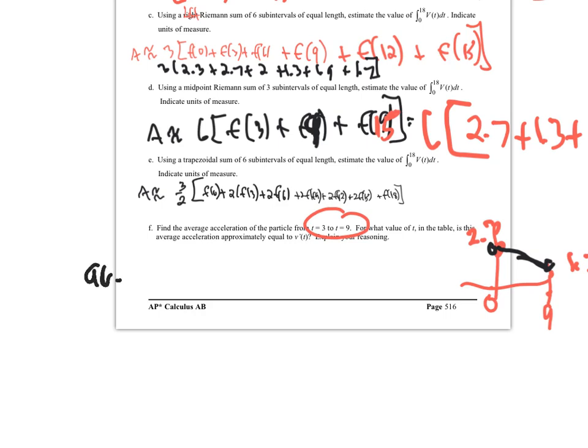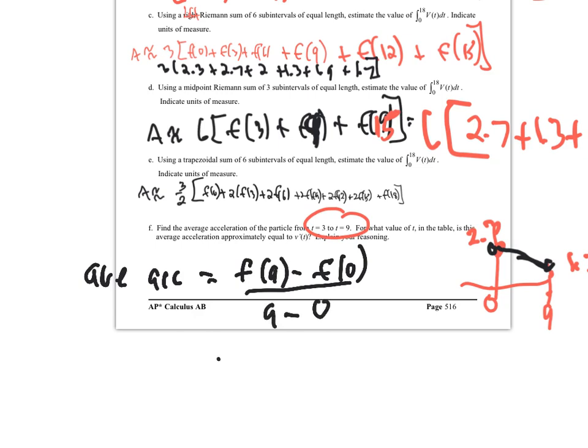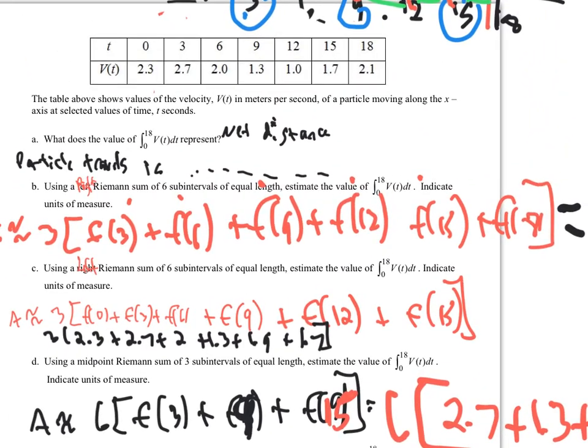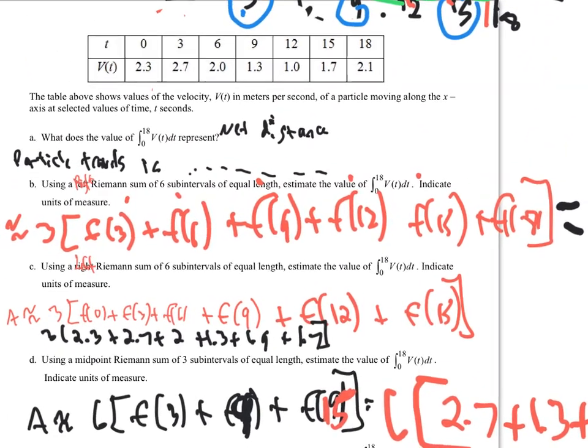So average acceleration will be slope formula, rise over run, f of 9 minus f of 0 over 9 minus 0. And that is f of 9 was 1.3 and 2.3.